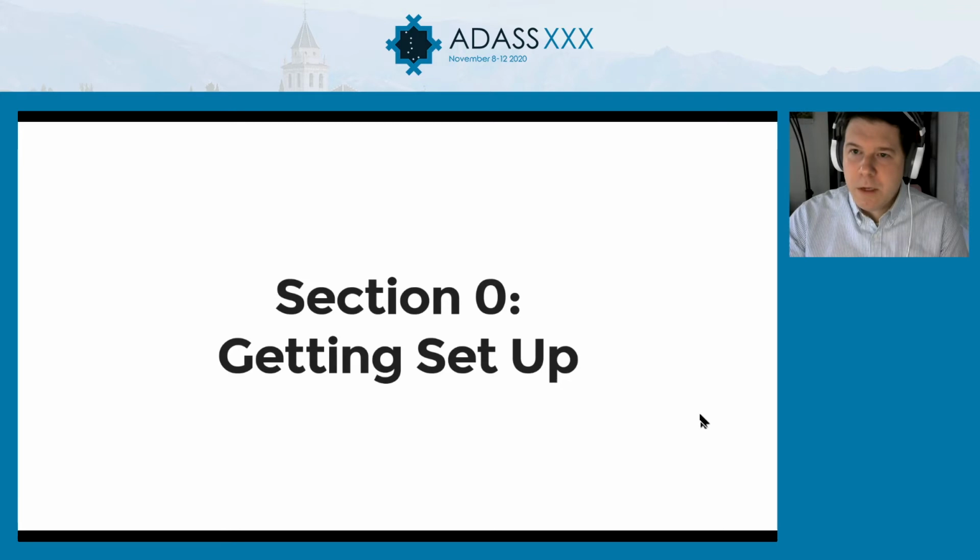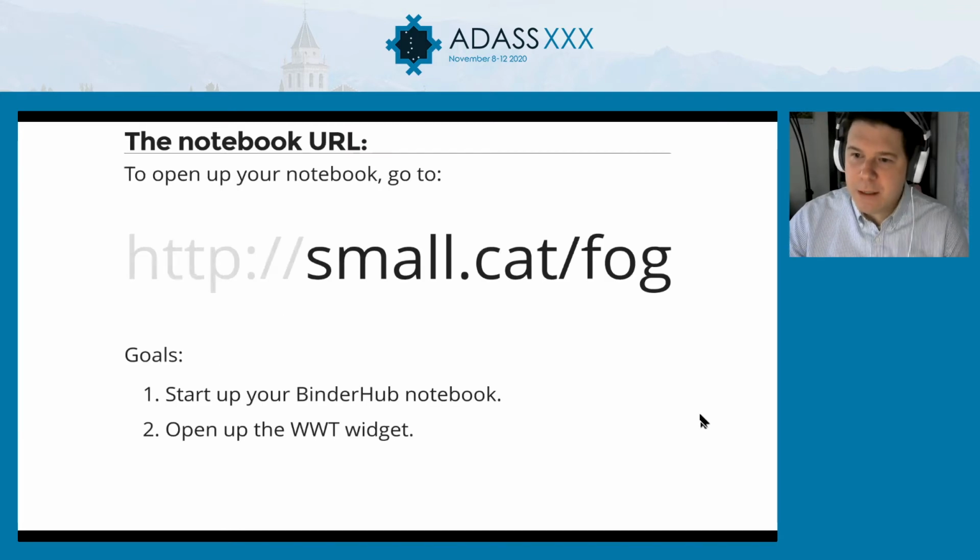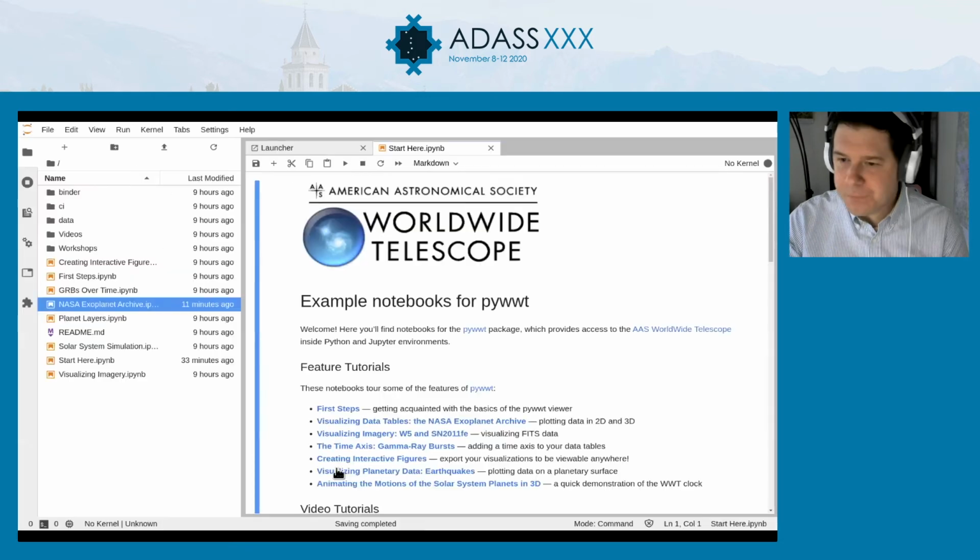So by now, I'll show this notebook again. Hopefully it has loaded up for you at this point. I'll switch to a tab showing my version of this Start Here notebook. This is kind of an index page, which has links to a few different notebooks, and in the default view, you should see this file explorer here.